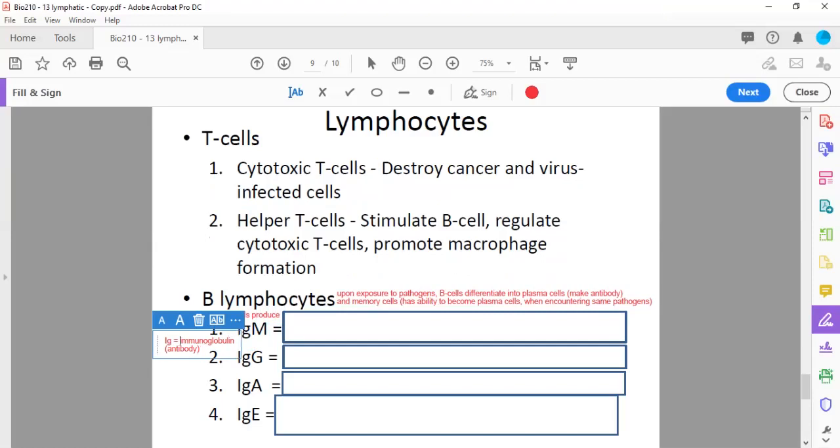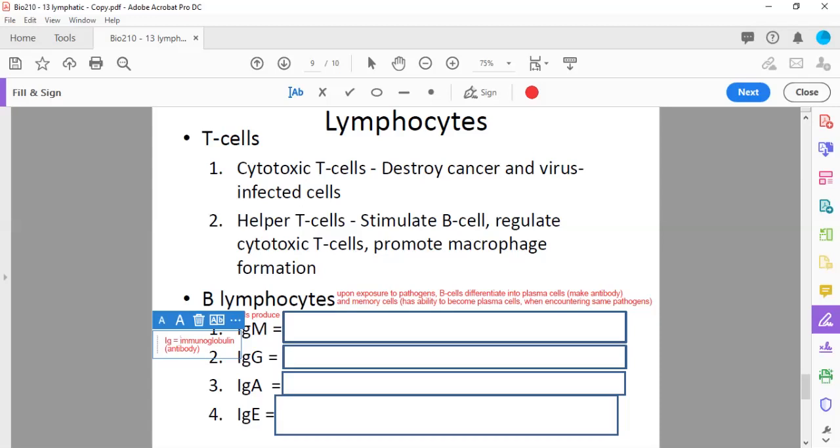Okay, so IgM. When they measure the antibody, they measure if there's an increase, a spike in these antibodies. So what happens when you have an increase in IgM, IgG, IgA, and IgE?